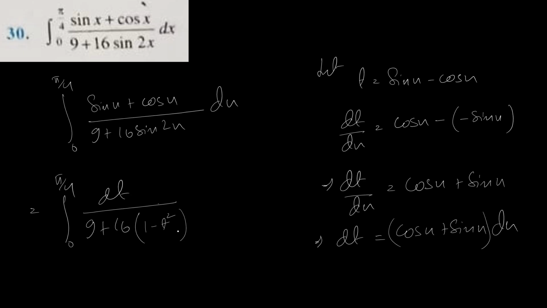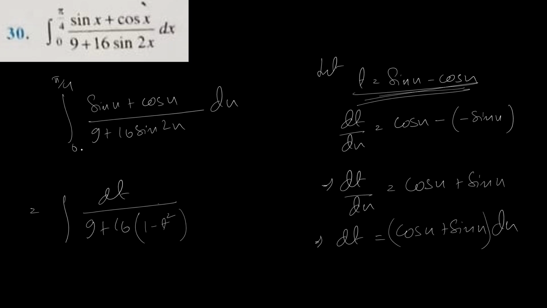Okay, so one thing here: as soon as I have taken t equal to sin x minus cos x and changed the variable, I will also have to change the limit.